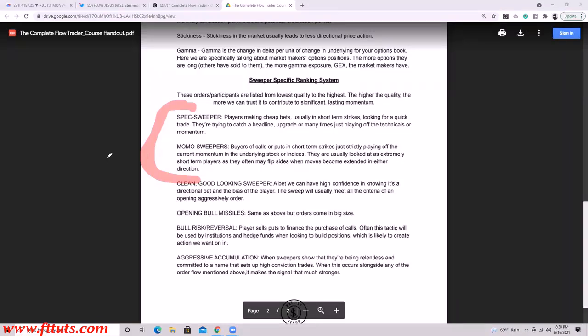All right, but like I said, if that's your style, and we're going to get into that in another portion of this course, of course it's worth paying attention to. As a matter of fact, if you're a day trader, you have to pay attention to these guys, because they're so rare.